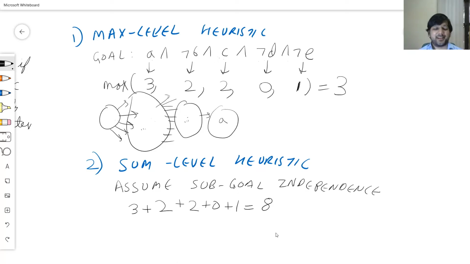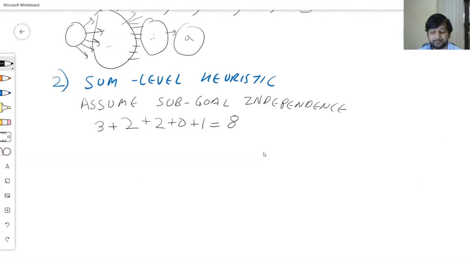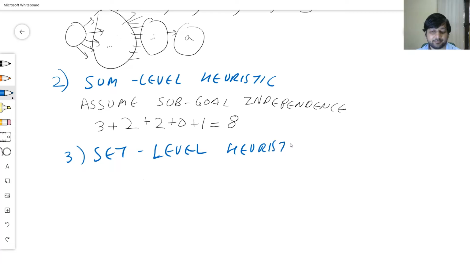And the last heuristic is what is called the set level heuristic. One thing we haven't done so far is to look at mutexes.